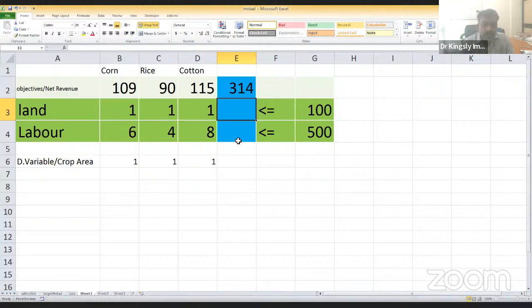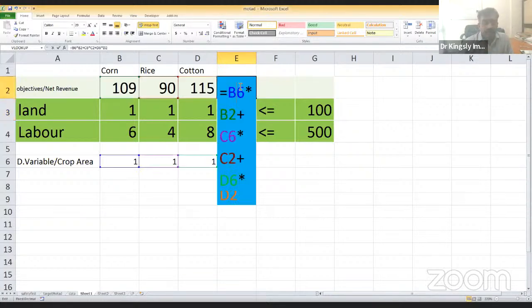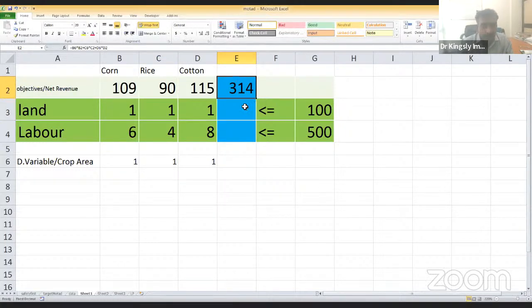Our formula for finding the objective function, that is total net revenue, is nothing but the sum of product of area under the crop and net revenue. So that's what I have done. If you are able to see my formula, you can see it. Now we have to find out land. How will we find out the land usage?